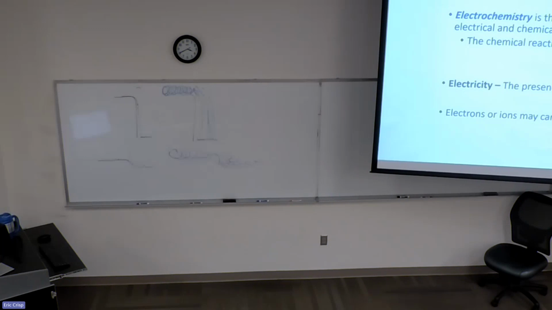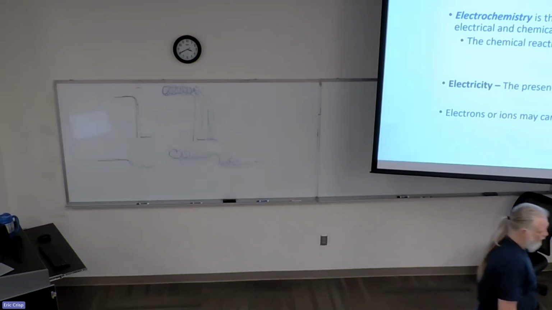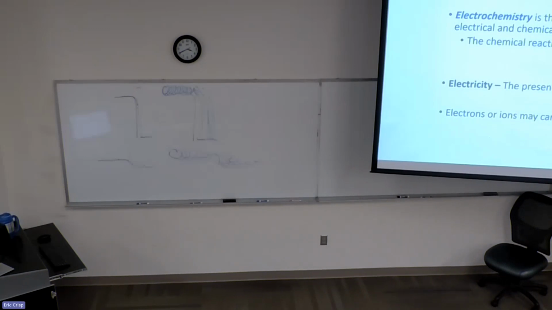If I give you a value of -2 kilojoules per mole, is that spontaneous? Yes. What if I say, okay, well, it's -2 kilojoules per mole, but this other reaction is -598 kilojoules per mole.